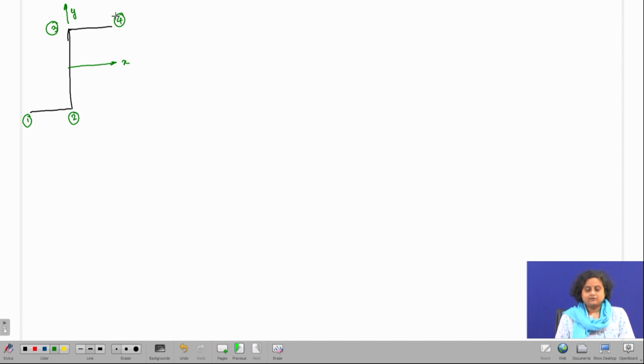We know from the earlier expression that for this particular cross section, Q as a function of s minus Q0 is going to be Sy.